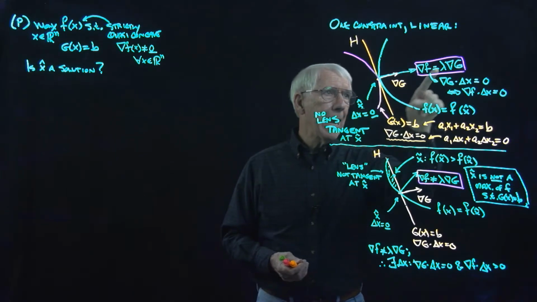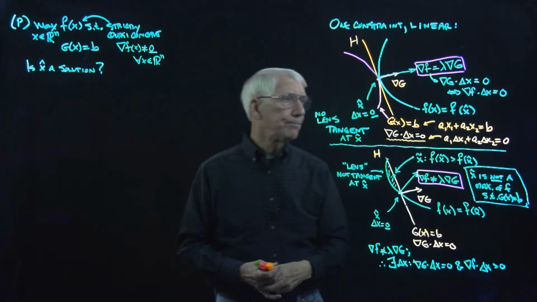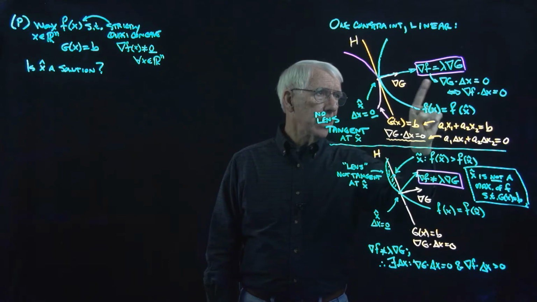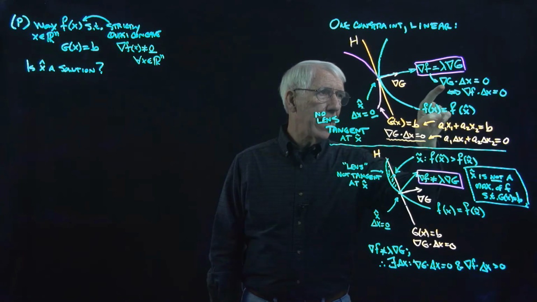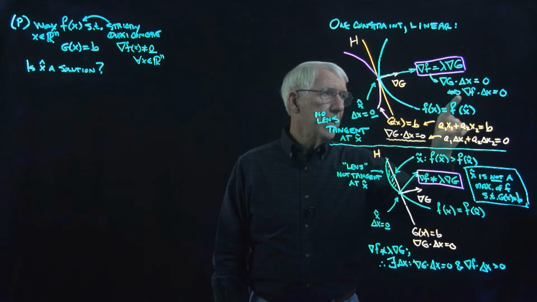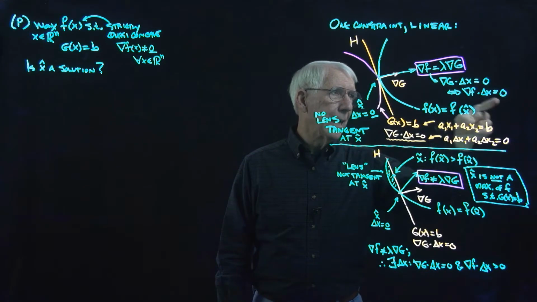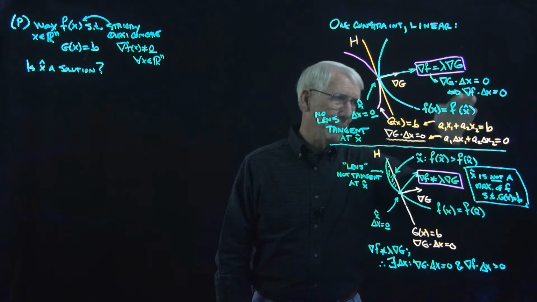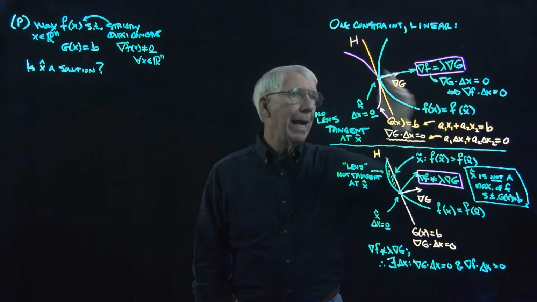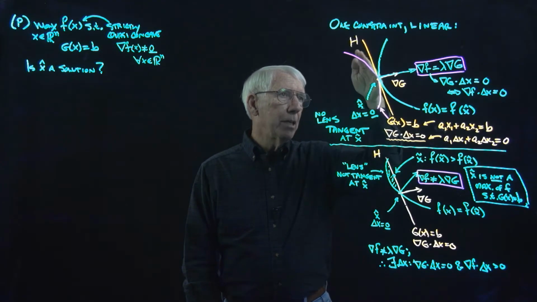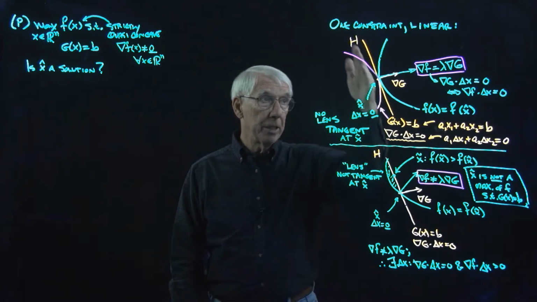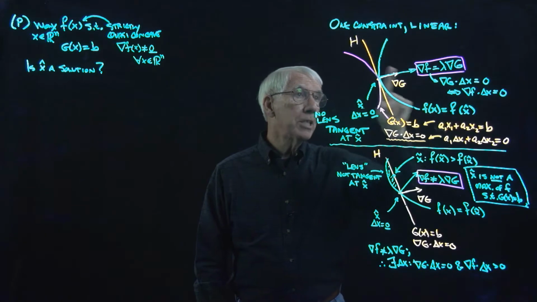So it's still the case that we have this satisfied, and it is still the case that the delta x's that satisfy gradient g dot delta x equals 0 are exactly the delta x's that satisfy gradient f dot delta x equals 0, differing only by lambda, a multiple. And so again, I can't find any delta x that satisfies the constraint or approximately satisfies the constraint on the Taylor approximation that will increase f.